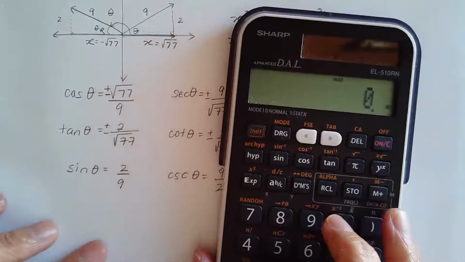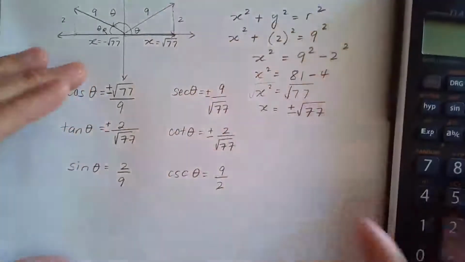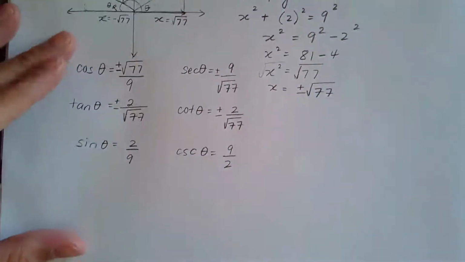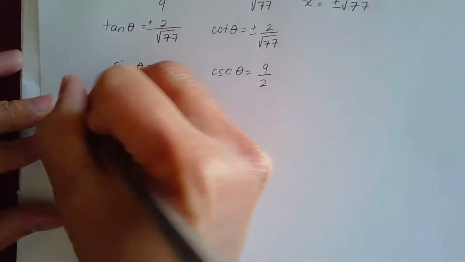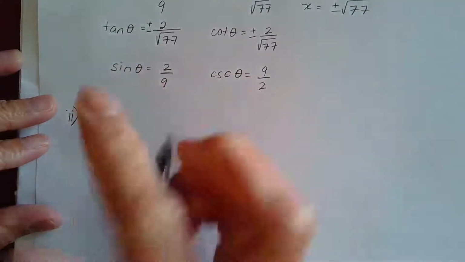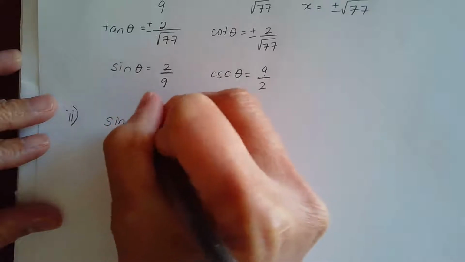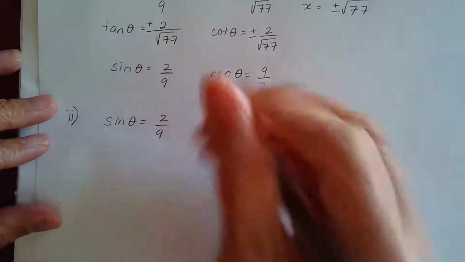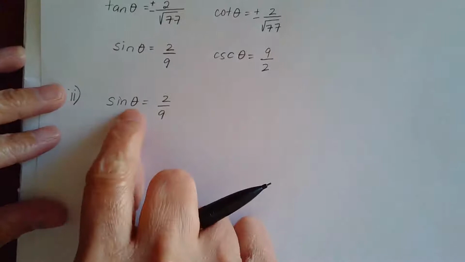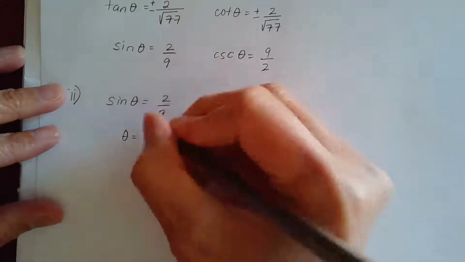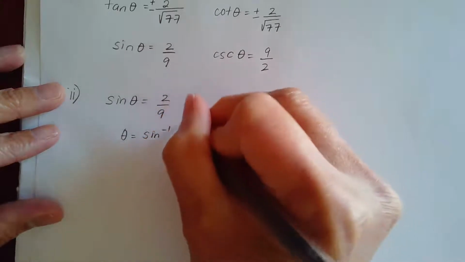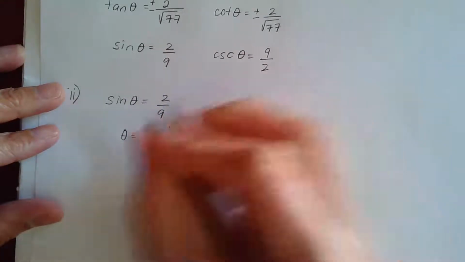So what can we do? Find the theta. This is part 1. I'm going to do part 2. So far we did sine theta is equal to 2 over 9. So we're going to calculate theta. How do we calculate theta? So we take the sine inverse of 2 over 9.